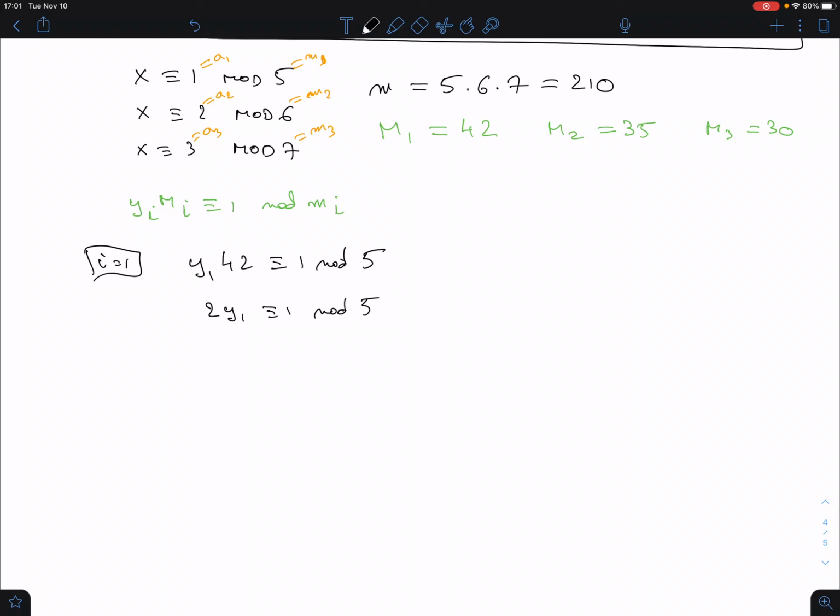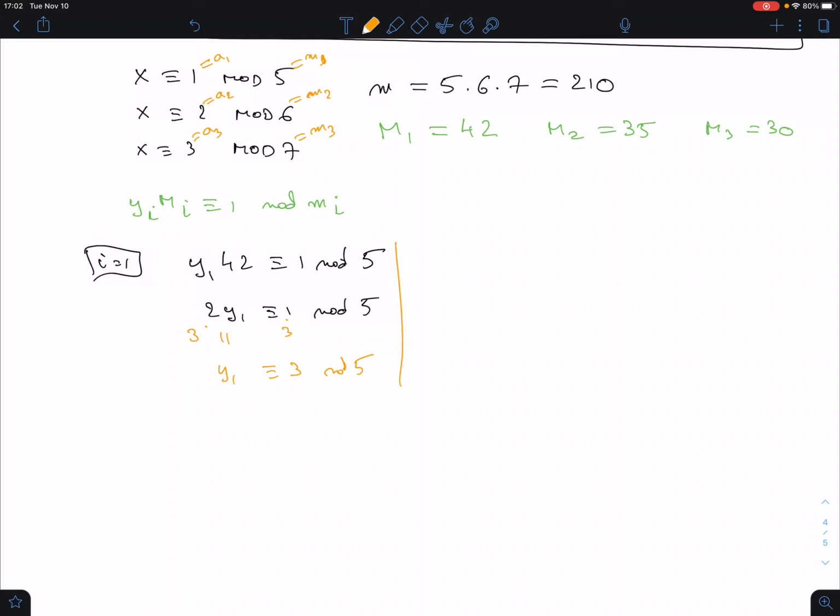Now mod 5, there's only 0, 1, 2, 3, and 4. Try a little bit. 2 times 2 is 4, no, that's not 1. 2 times 3 is 6, ah, that is 1. So if I multiply both sides by 3, which is the inverse, but I don't need to calculate it really, just by trial and error I see it here. Multiply both sides by 3, then you get 6, this becomes just 1, y1, and this is 3. So y1 is equivalent to 3 mod 5. Okay, so we find that y1 is 3.